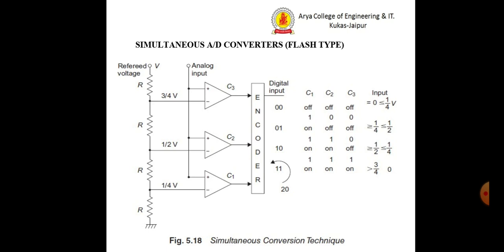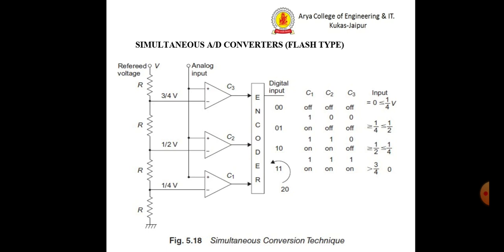If none of the comparators are on, the analog input will be lesser than or equal to 1 by 4 V. If C1 is on and C2 and C3 are off, the analog voltage will be between 1 by 4 and 1 by 2, which is shown in the second row of these different possibilities of comparators getting on and off.